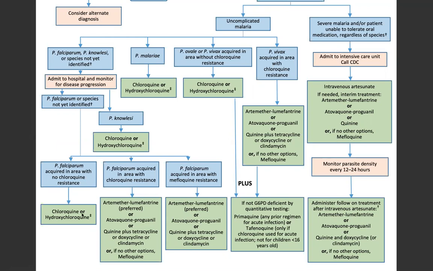So if you see the last line of management, you will see only artemether lumefantrine, atovaquone proguanil plus antibiotic tetracycline, doxycycline, clindamycin, and the last option, if not available, is mefloquine.